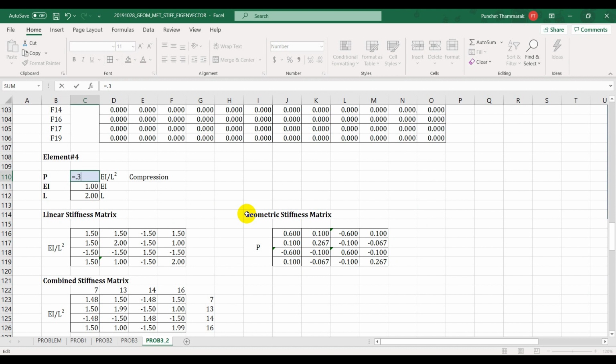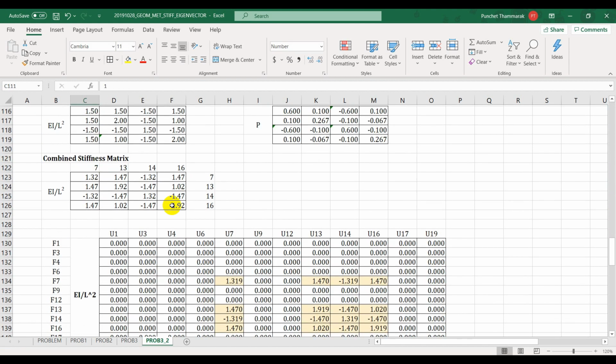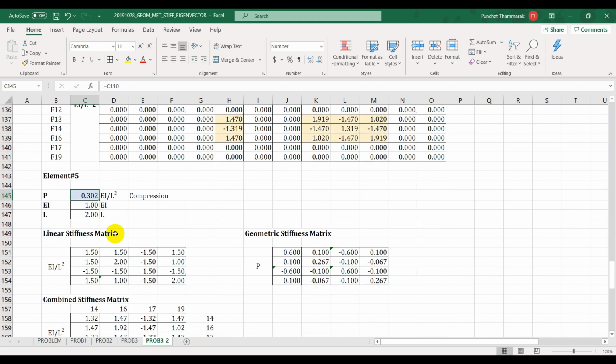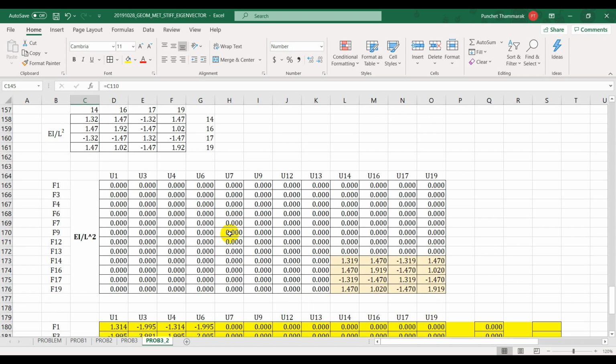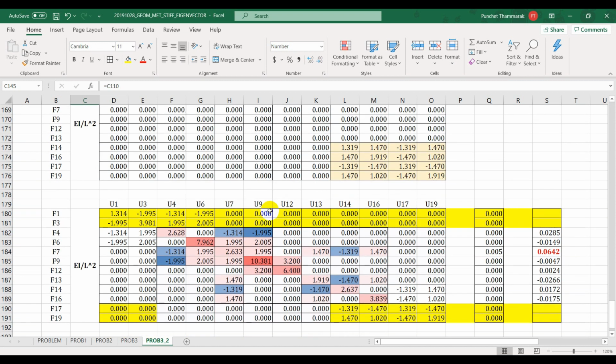Initially it is 0.5 multiplied by 0.6, so you get 0.3, and then you add this up with 0.0022. Okay, so now 4 and 5 are adjusted, 1 is also adjusted, 1 and 2 are also adjusted.